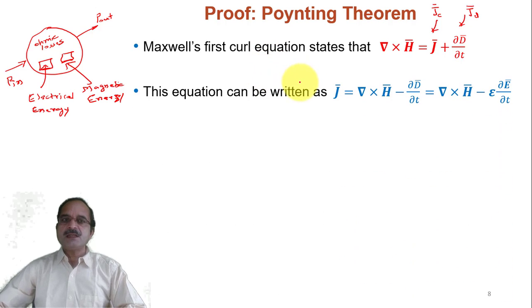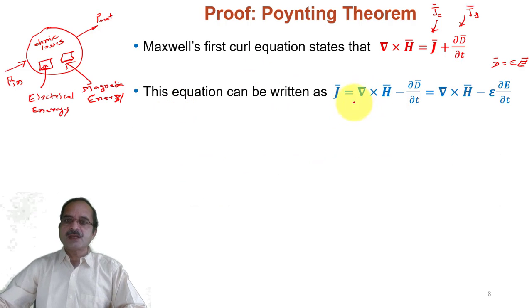Now rearranging this equation, on the left hand side we write J. So J equal to del cross H minus dD by dt. Now using the relationship D equal to epsilon E, we write this equation in the form of E, that is minus epsilon dE by dt here.